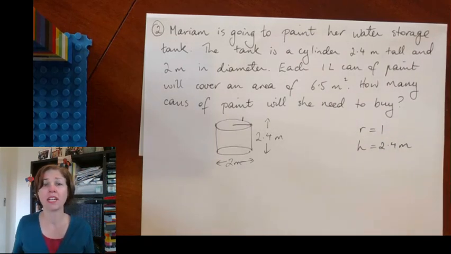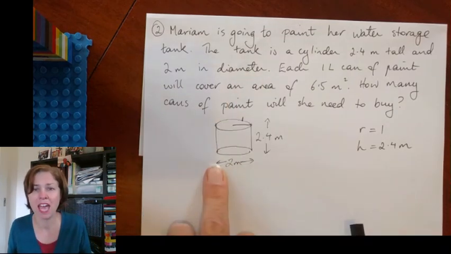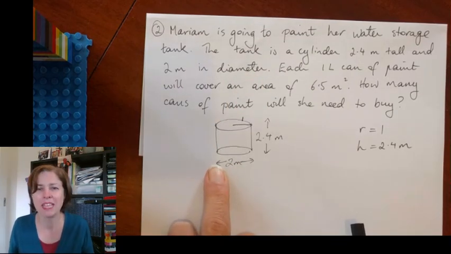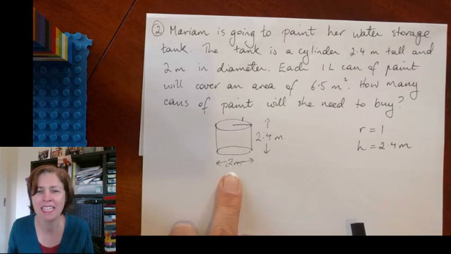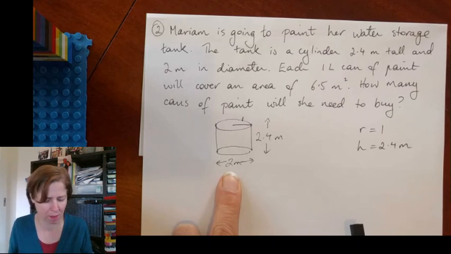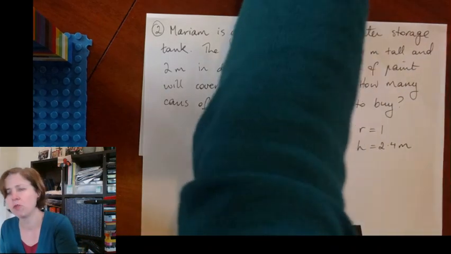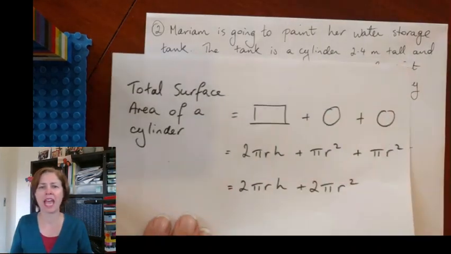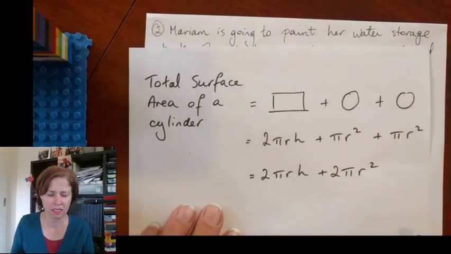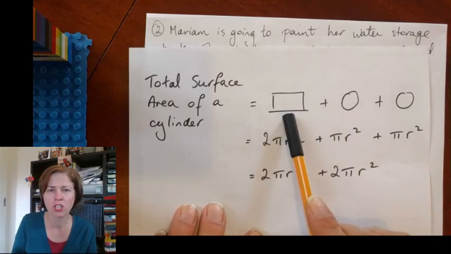One of the good things about a diagram is I might not have noticed this diameter part if I hadn't first drawn the diagram. But the other thing is I'm going to think about painting this water storage tank. I'm assuming it's a big concrete tank out the back. Well, Marion's not going to paint the bottom of the water tank, is she? So when I go to my formula, she's going to paint the sides, that's this rectangle.